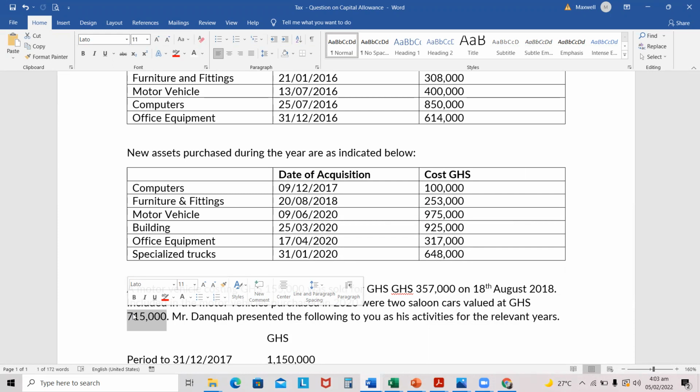Okay, so how can we take out the difference?